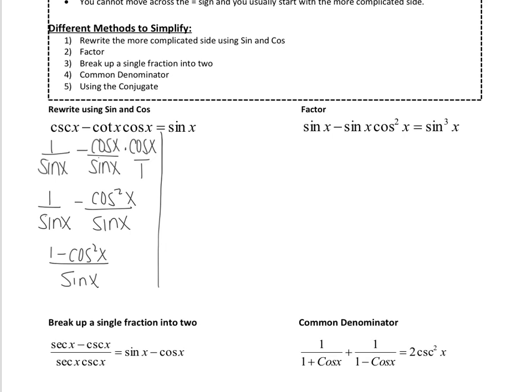And isn't 1 minus cosine squared the same thing as saying sine squared? So this is sine squared x over sine x, which reduces to just sine x. So you see how now the left side equals the right side? And we're done. That is a proof.